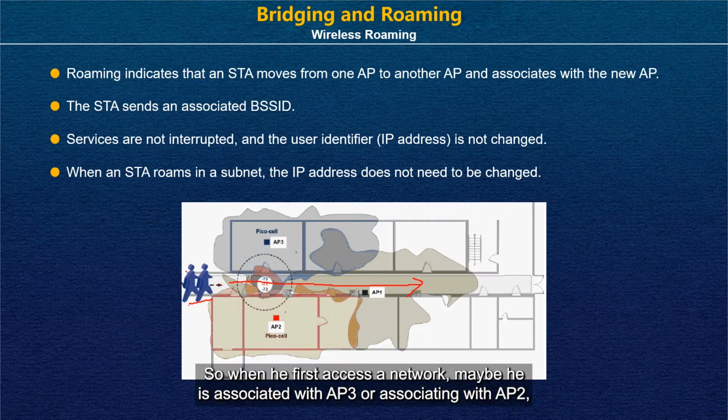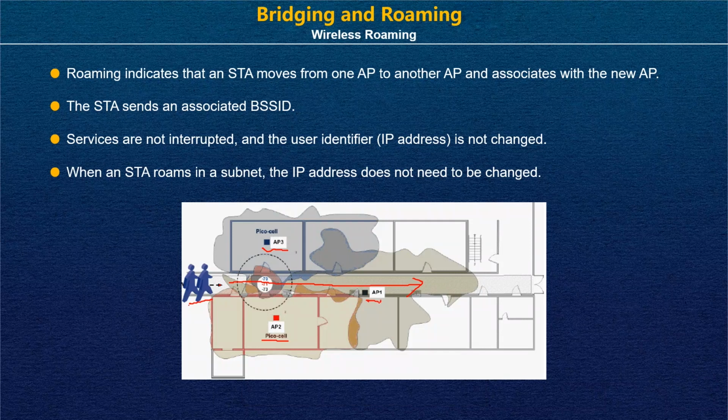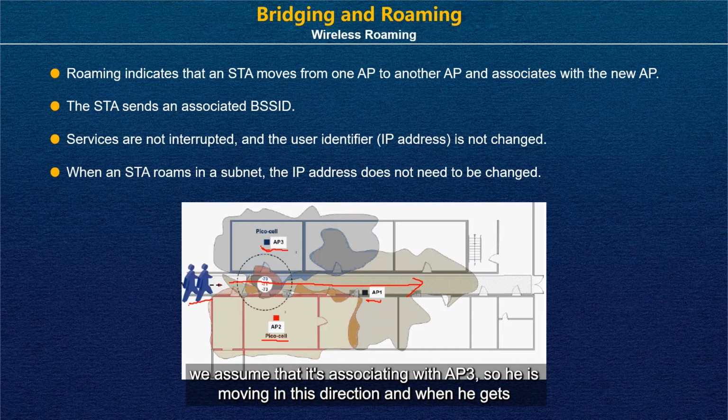So when he first accesses a network, maybe he is associating with AP3 or AP2, and he could even be associated with AP1. It depends. We assume that he is associating with AP3. So he is moving in this direction.